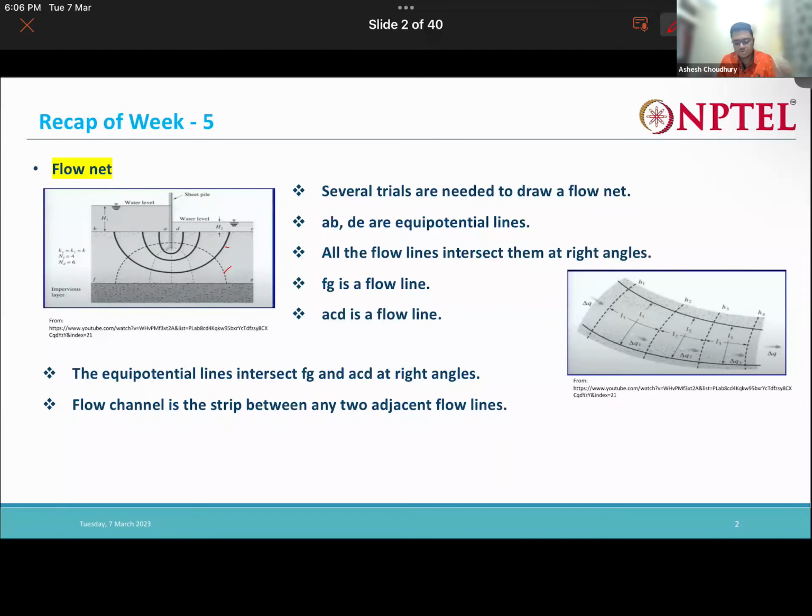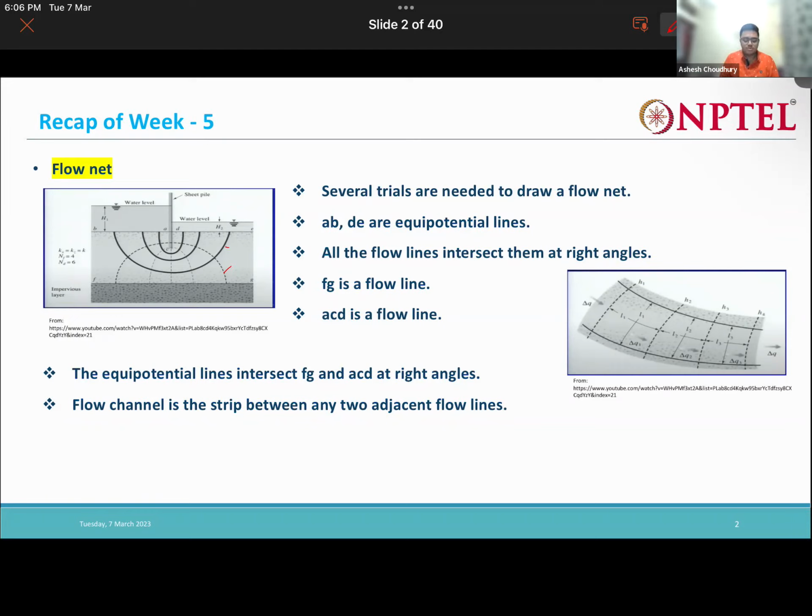Approximately we need to draw, and then make sure that the equipotential lines and the flow lines are always perpendicular to each other, so they intersect at right angles. Keeping these criteria in mind, we draw the flow nets, and if while drawing we find the criteria are not satisfied, then we erase it and draw it again.